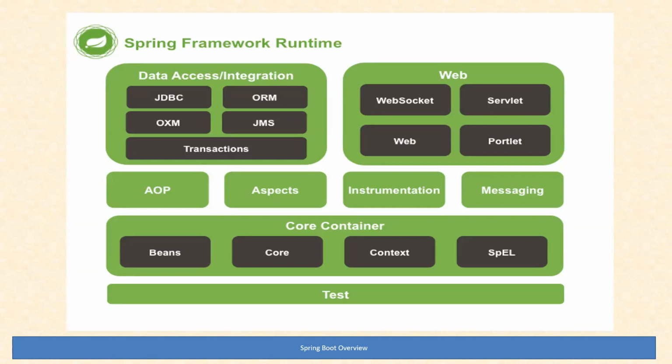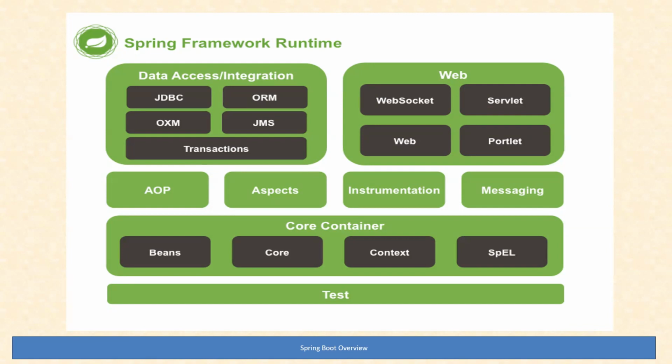So coming to the core container of the Spring framework, we have beans. Beans are nothing but POJOs. We have a core module, a context module, and SpEL, Spring Expression Language. These are all to manage the beans. So beans and bean dependencies, all these things will be taken care of at the core level.